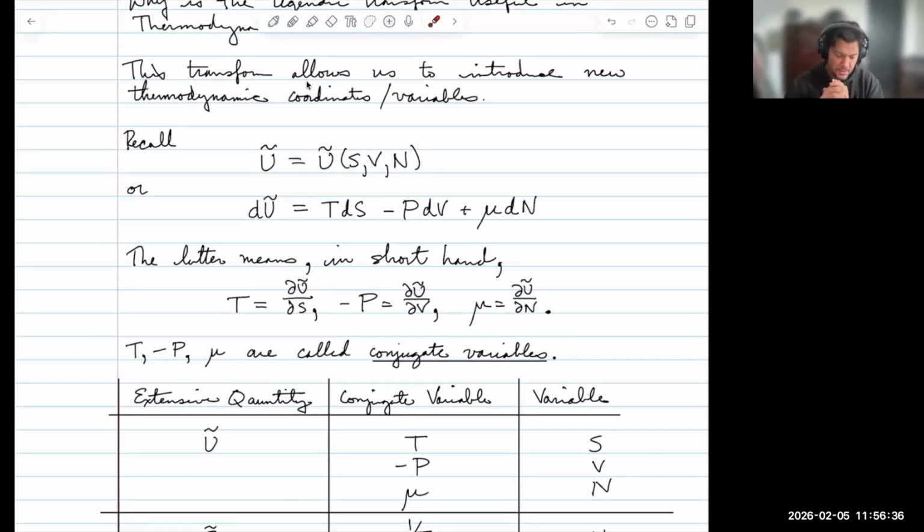In the next part of the lecture, we want to see why the Legendre transform is useful to us in thermodynamics. So let's start off with variables that we're used to seeing. Suppose that we have the fundamental relation given in terms of the internal energy.